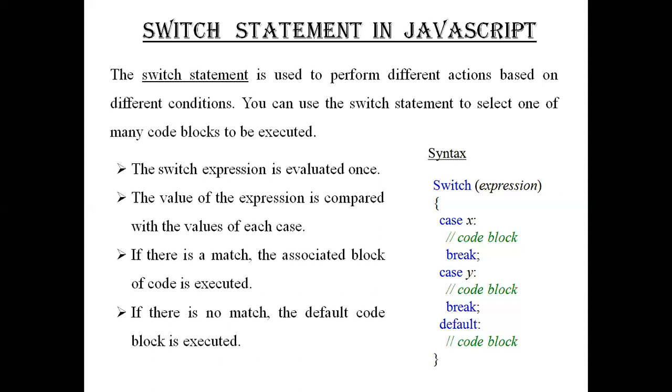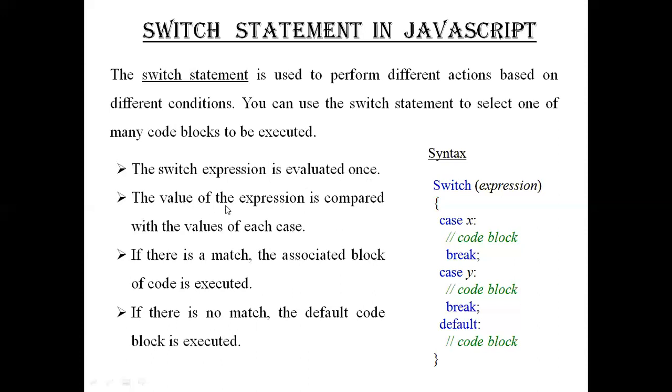In JavaScript, it can accept numbers, text values and Boolean values also. So the switch statement can be used instead of an if-else construct to implement a sequence of parallel alternatives. The switch expression is evaluated once. These are some of the features of it.